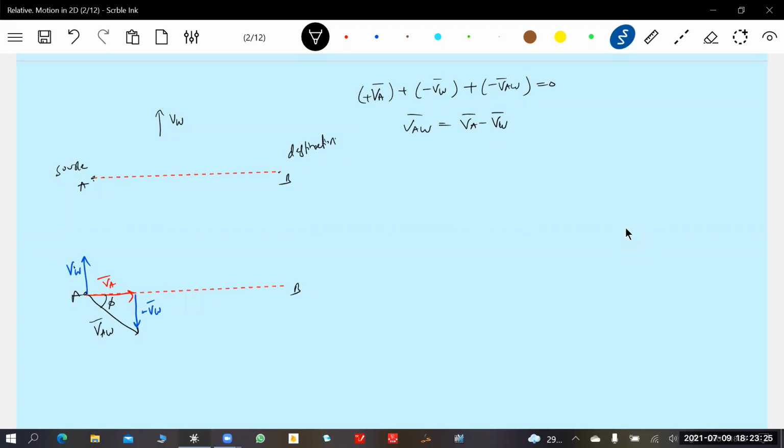If you can understand this, the rest will be very easy for you. And there's nothing wrong with this equation. Is there anything you want to correct, or let it be as it is? I'm not able to hear.